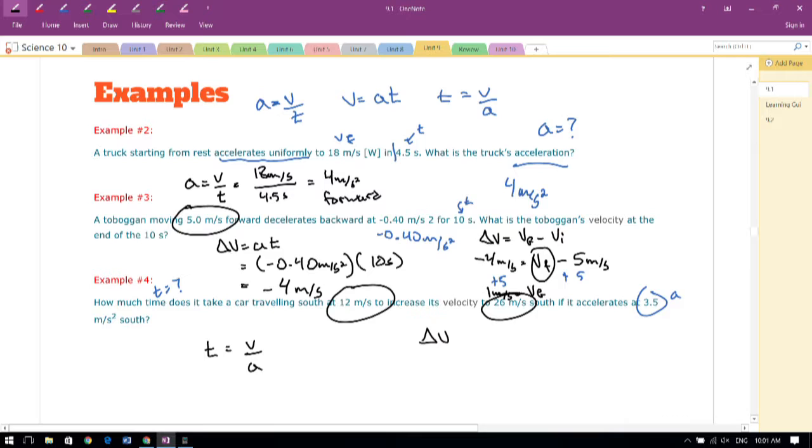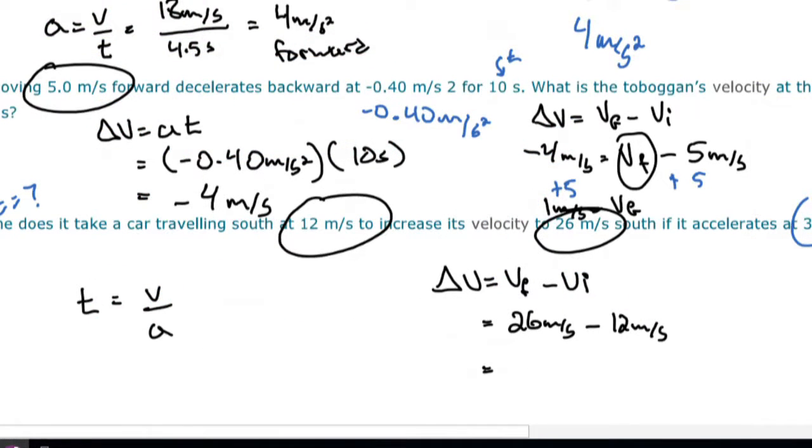So my velocity is changing. I have a change in velocity. So I'm going to go final minus the initial. I'm going to go final is 26, and I'm going to subtract 12. You give me 11. So my change in velocity is going to be 11.